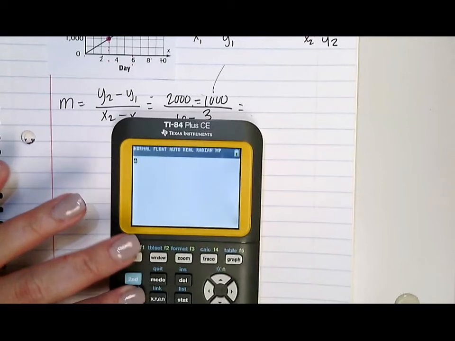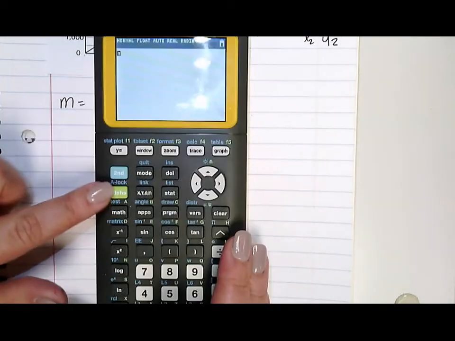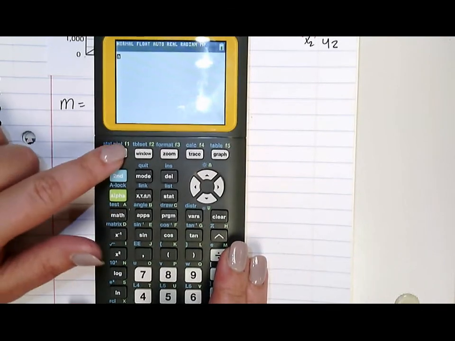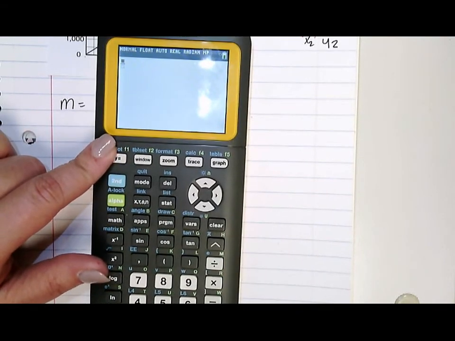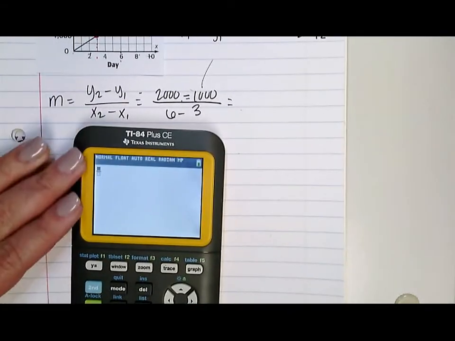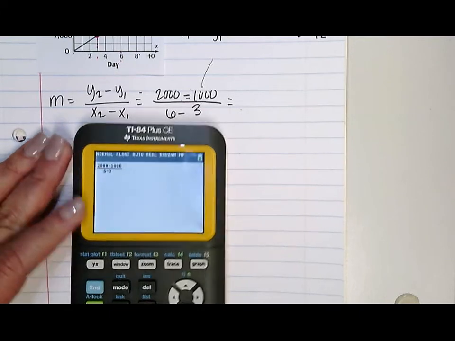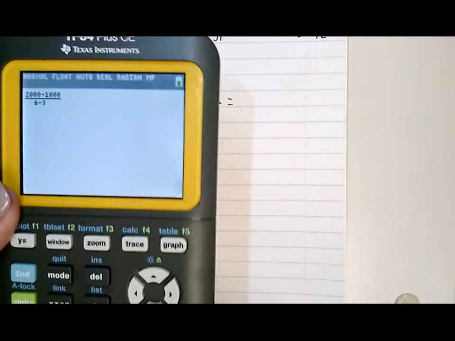So second, or sorry, not second, green alpha button, Y equals, and over D. Plug and chug.